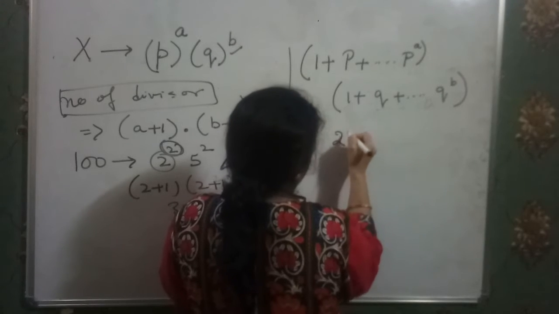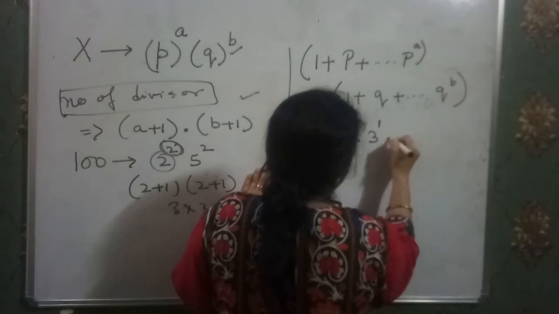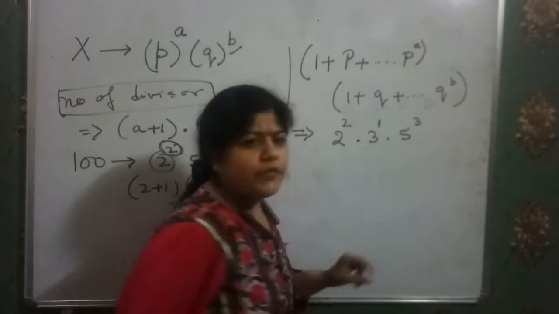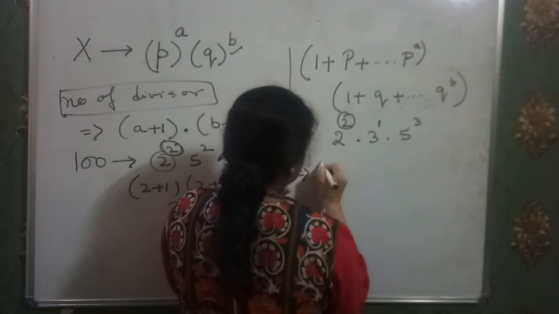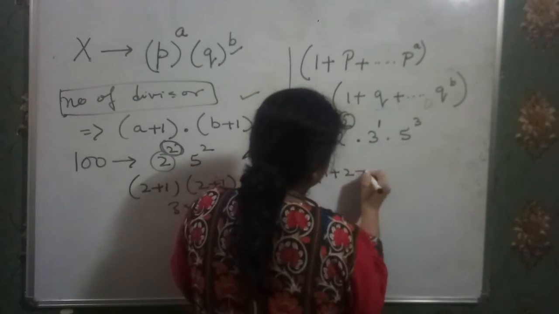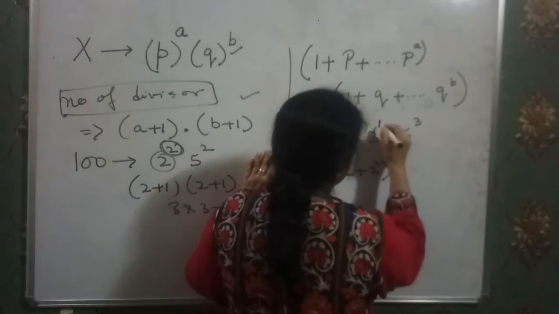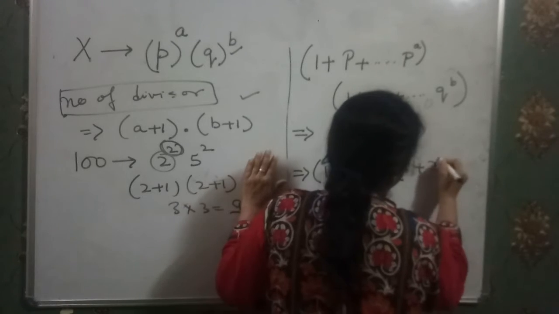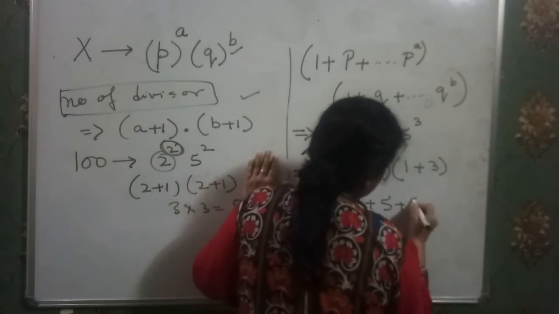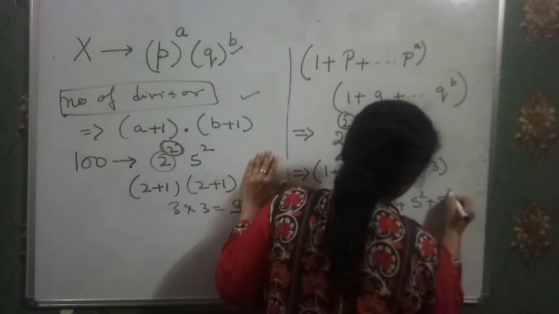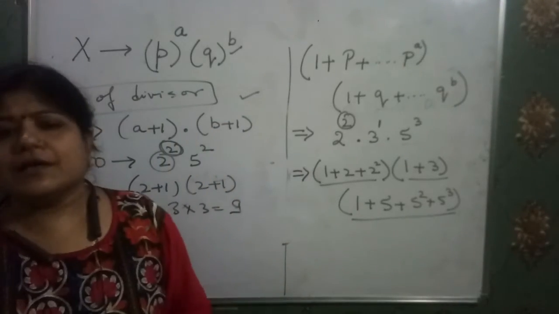I have a problem like this, 2 square, 3 to the power 1, 5 to the power 3. Then sum of divisors is, this is power 2, so I take 1 plus 2 plus 2 square. Now here, this is power 1, so 1 plus 3 into, this is power 3, 1 plus 5 plus 5 square plus 5 to the power 3. Now just elaborate and solve it and find the answer.